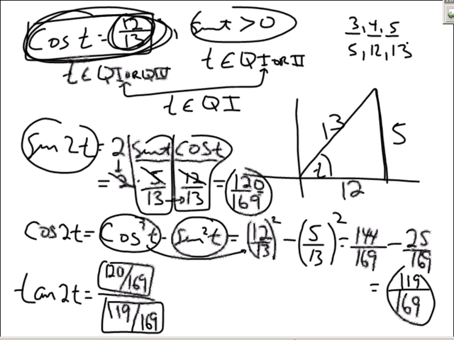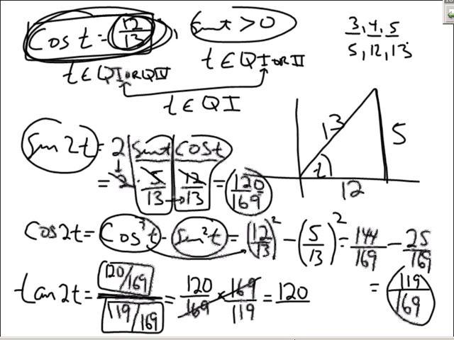In division, if either the top or the bottom or both are fractions, don't do division. Keep the top the same, change the division to multiplication and flip over the bottom: 169 over 119. The 169's cancel, and you get 120 over 119. That's the tangent of 2t.